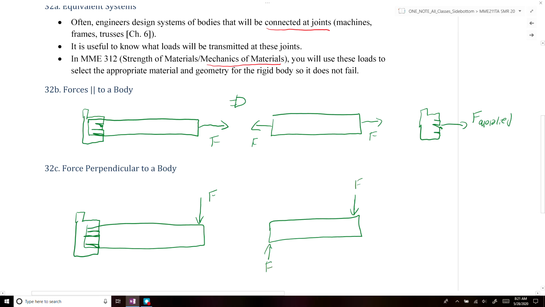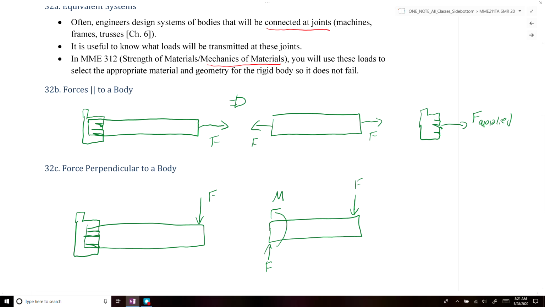But from the last videos, we talked about couple moments. You can see we have two forces that are equal and opposite of one another, so in order to keep this in equilibrium, we also have to apply a couple moment to the stick to prevent it from rotating.